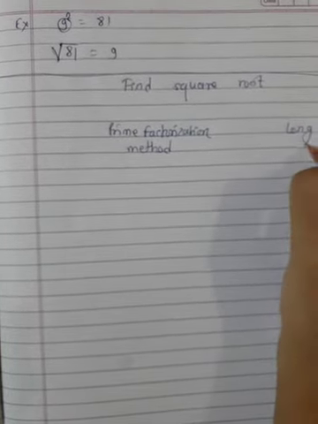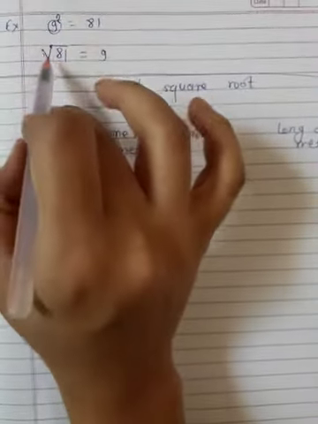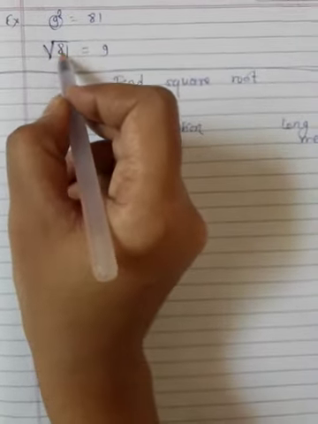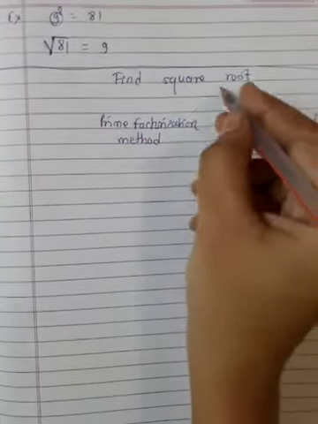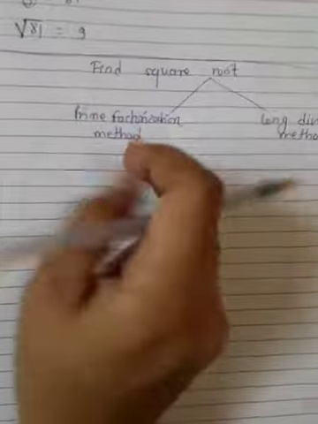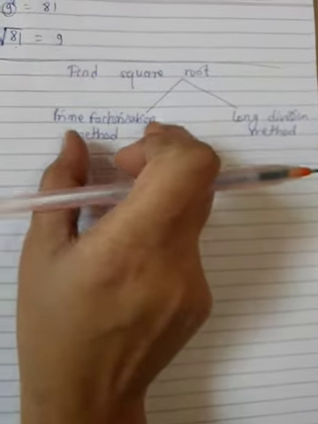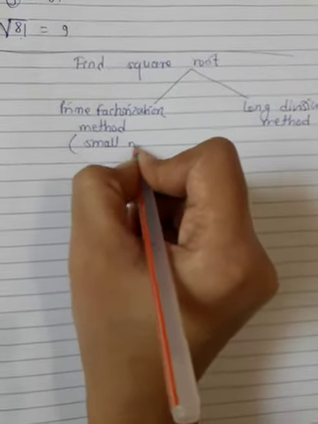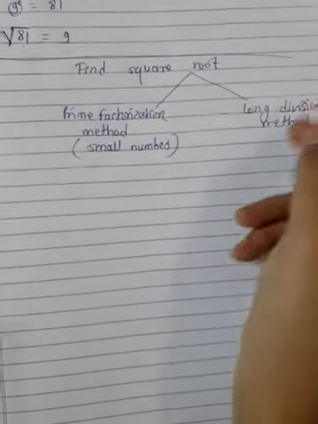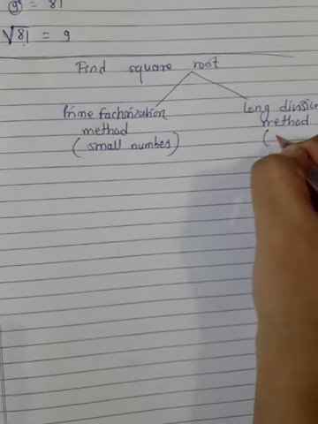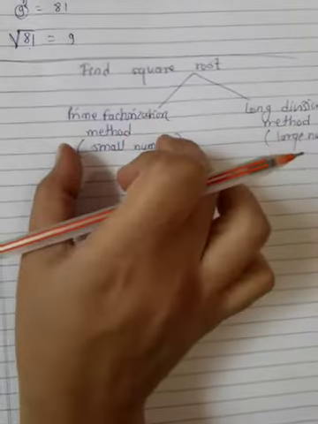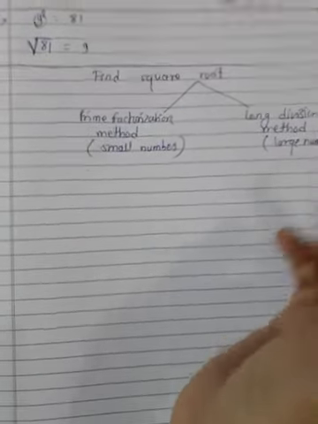Here we know 9 square is 81, therefore square root of 81 is 9, but there is a method to find the square root of 81. The prime factorization method is used to find square root of small numbers, and the long division method is used to find square root of large numbers. I will explain one by one. First I will explain the prime factorization method and then the long division method.